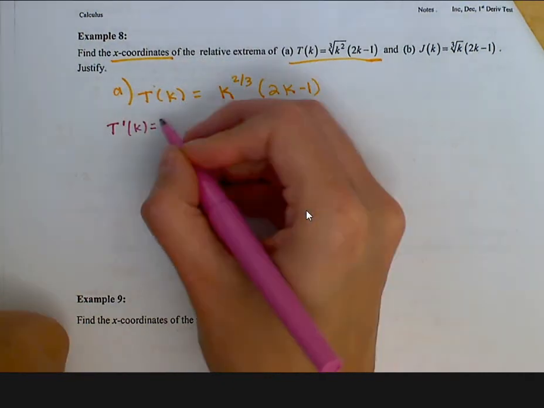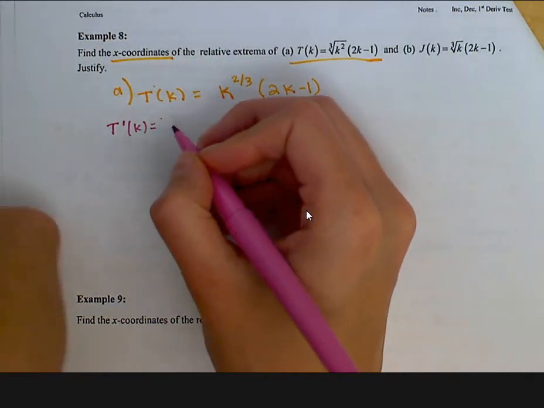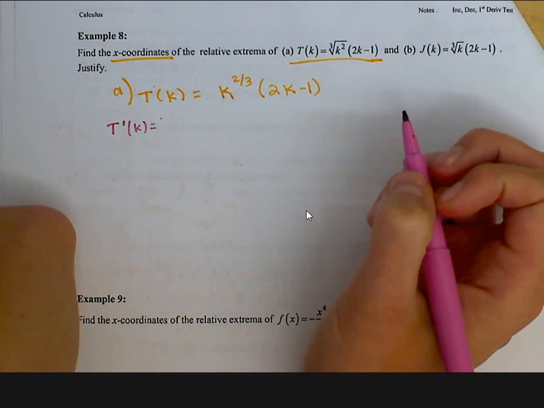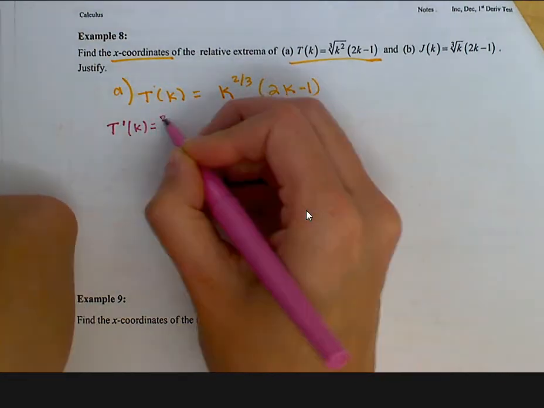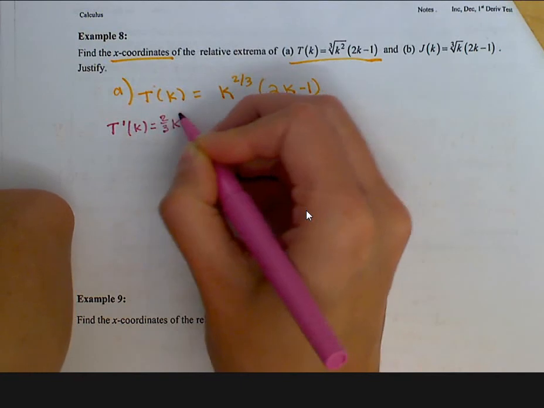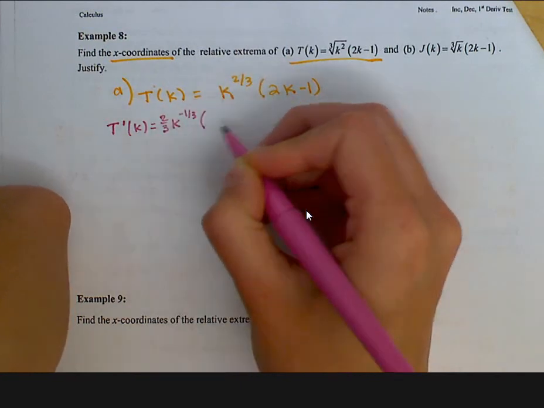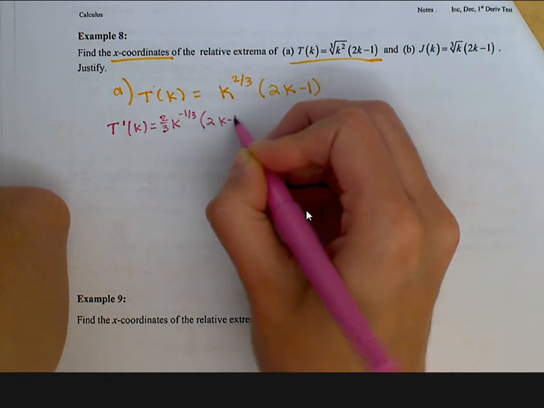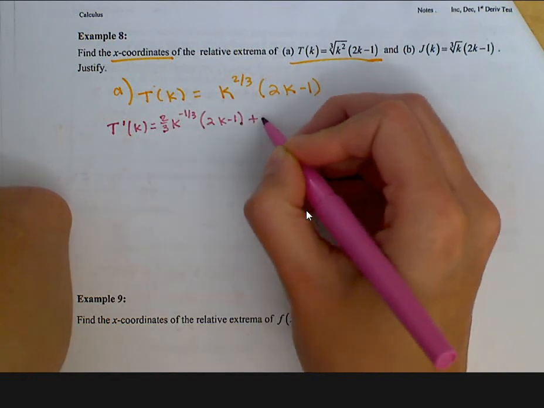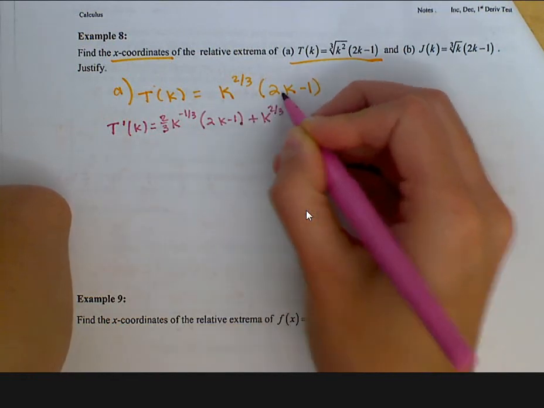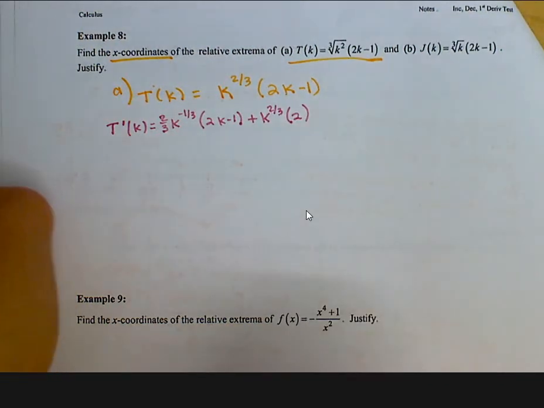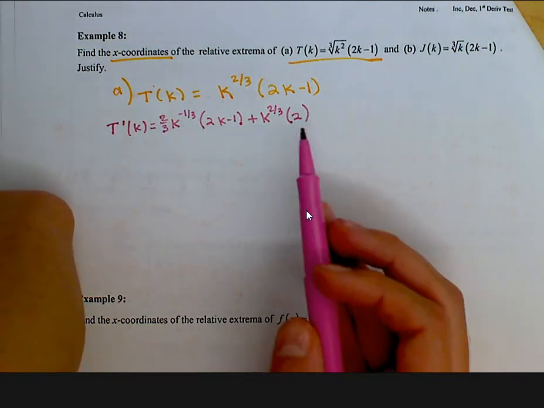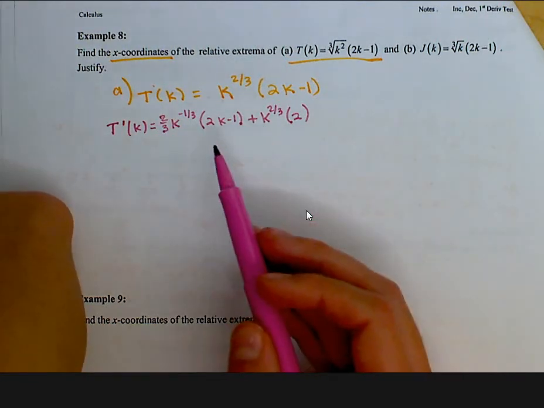Now I will find t prime of k. I have to use the product rule. So this is going to be 2/3 k to the -1/3 times the second factor, which stays the same, plus the first part stays the same, and I take the derivative of the second part. Okay. Yes, I have to simplify this.